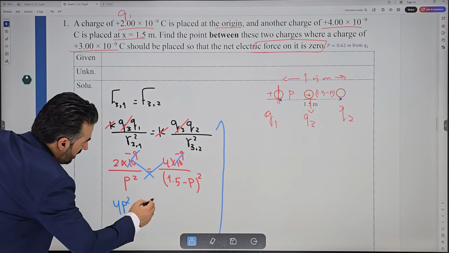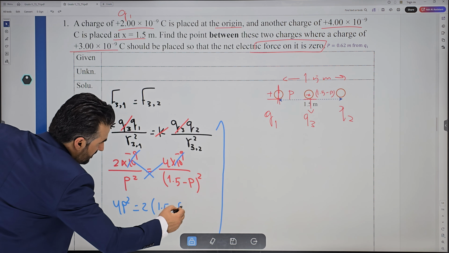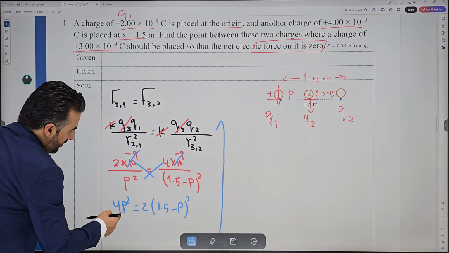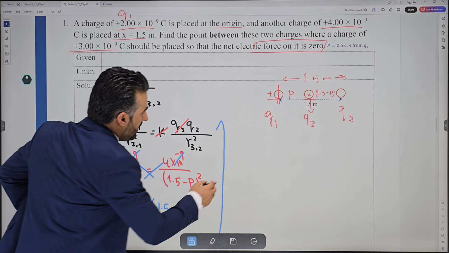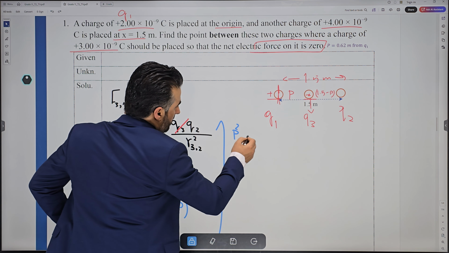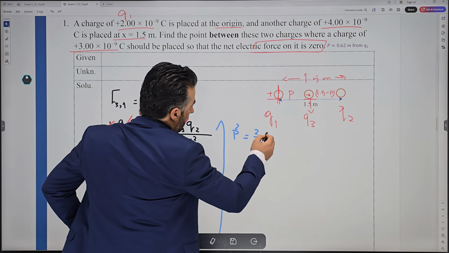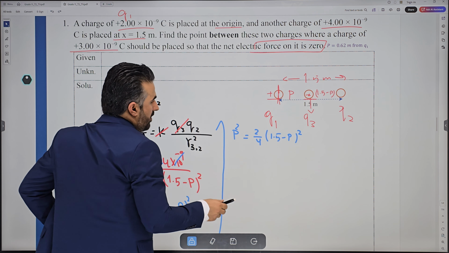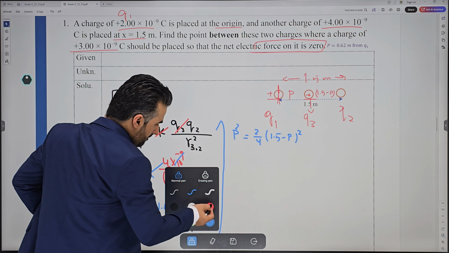We get 2 times (1.5 minus P) squared. Now you can divide both sides by 4, so P squared equals 2 over 4 times (1.5 minus P) squared. Now take the square root of both sides.